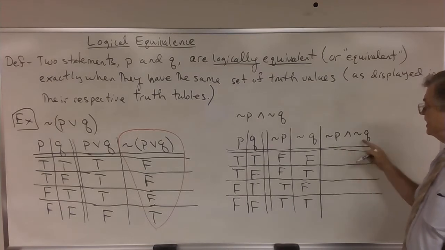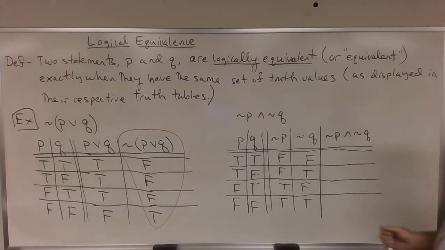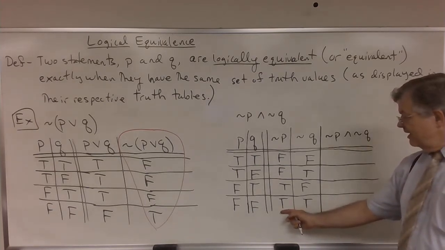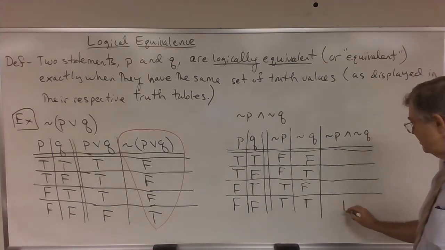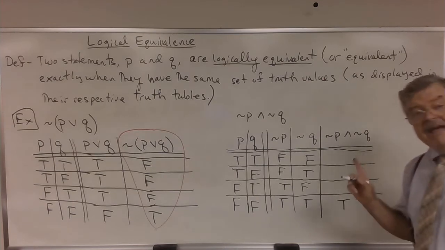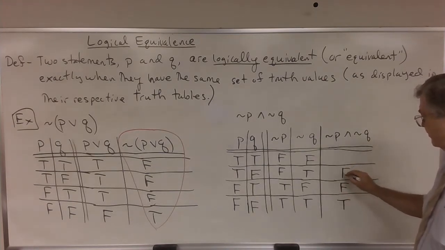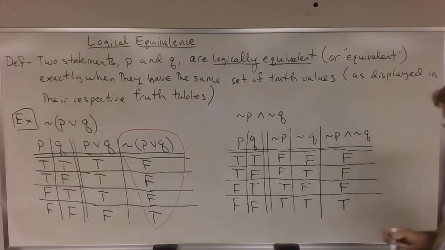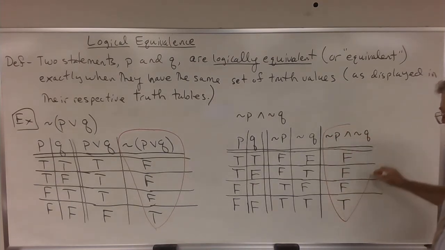So when not P and not Q are both true, then this whole thing is true. And that happens right here, doesn't it? Not P is true, not Q is true. So the whole statement is true. Every other time it's false. So these are the truth values for the statement not P and not Q.